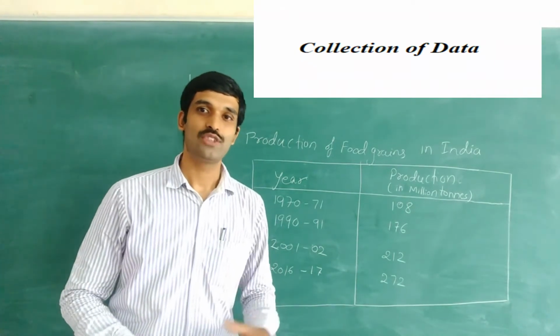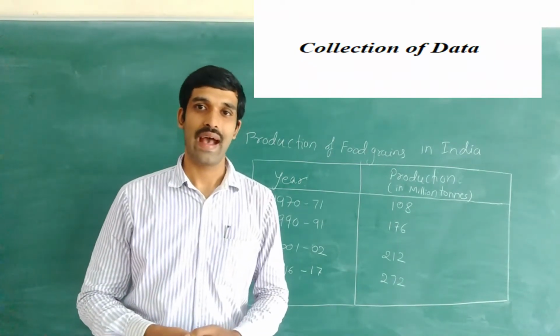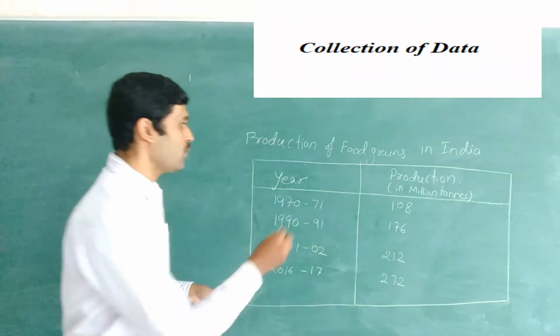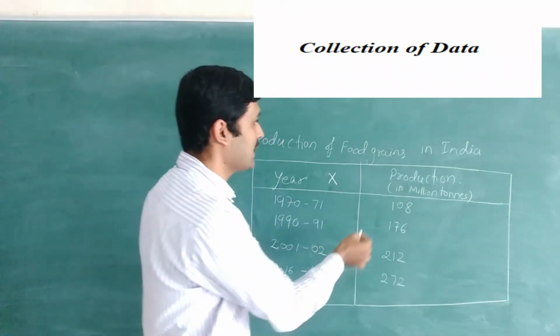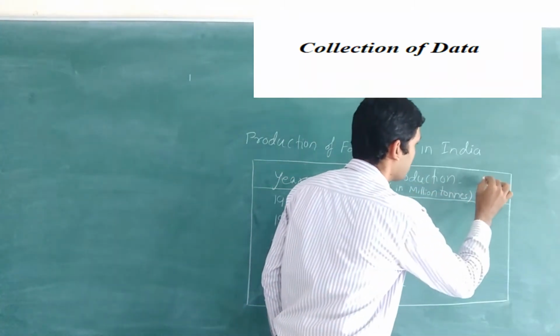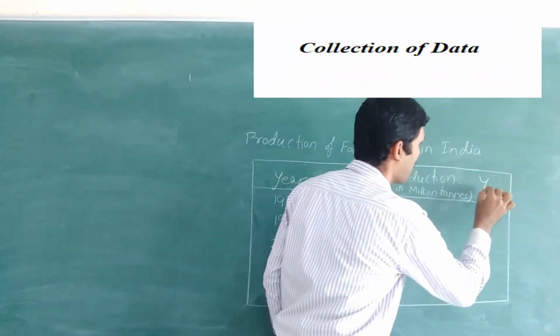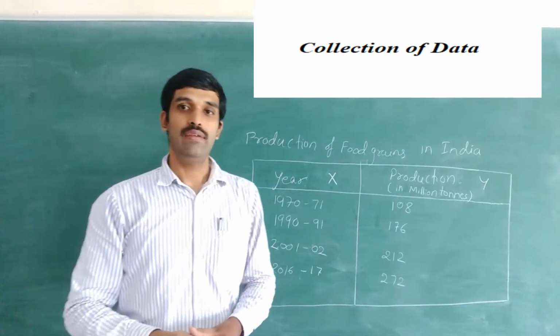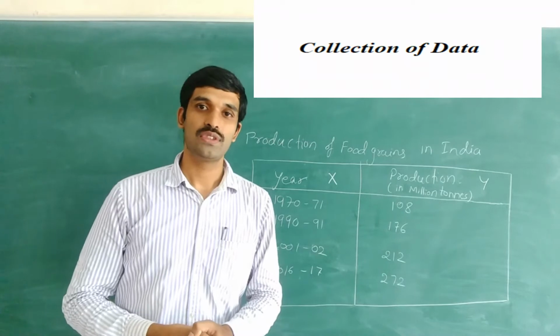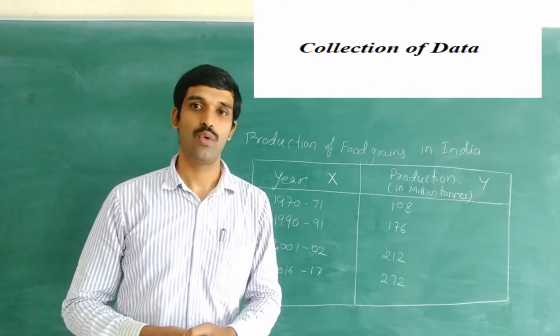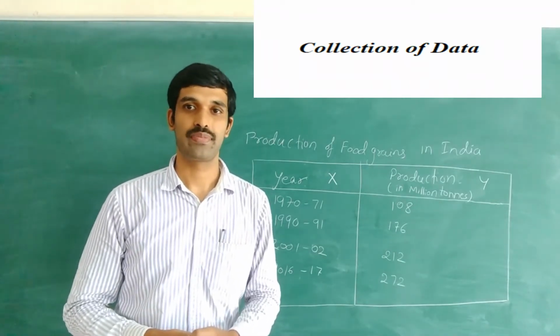And also these variables can be denoted as X and Y. These years are considered as X, and production is considered as Y. Normally, while denoting these variables, we use letters like X, Y and Z.